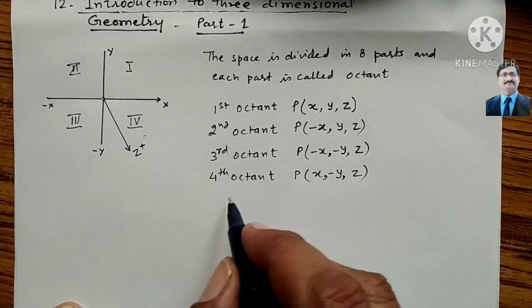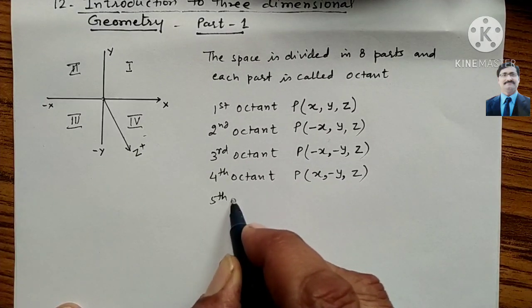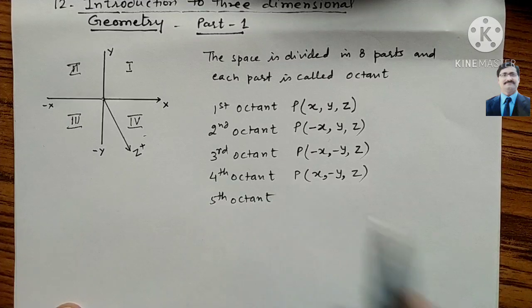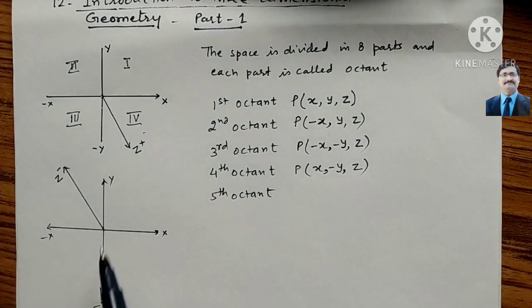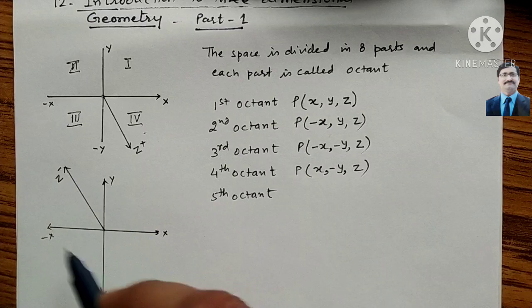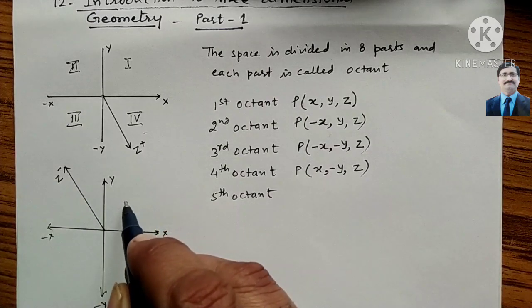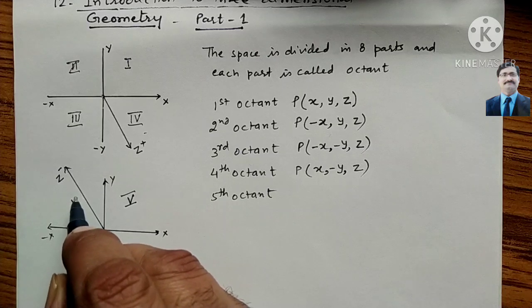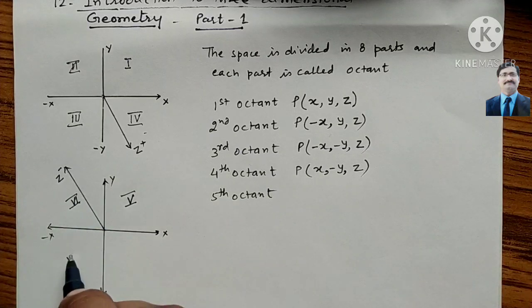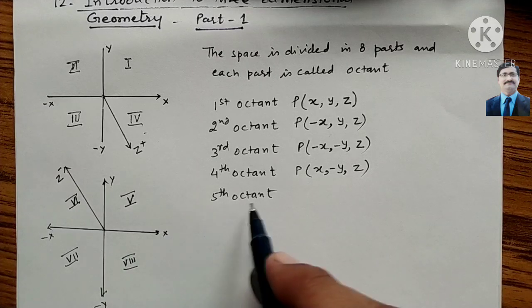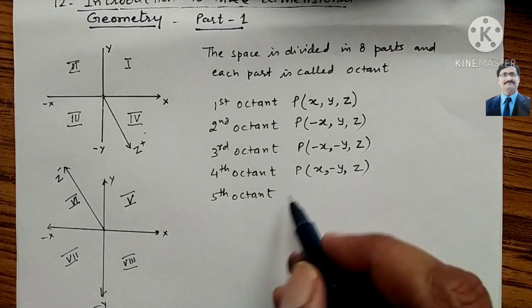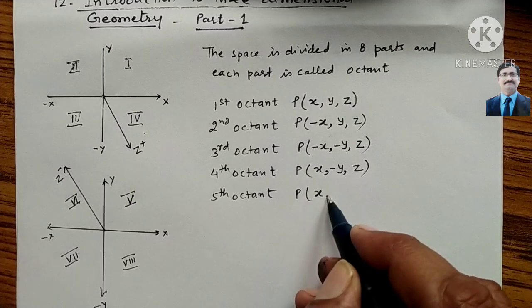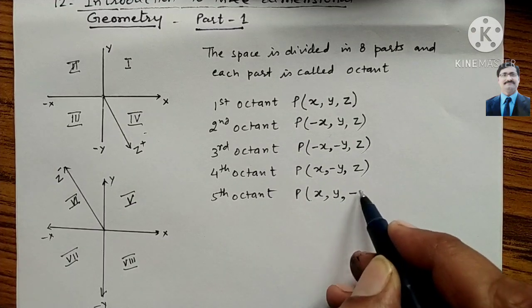Now look here, in the fifth octant what we have. This z negative is the backside, and the backside space is again divided into 4 parts. This is the fifth octant, this is the sixth octant, this is the seventh octant, and this is the eighth octant. In the fifth octant, x is positive, y is positive, and z is negative.